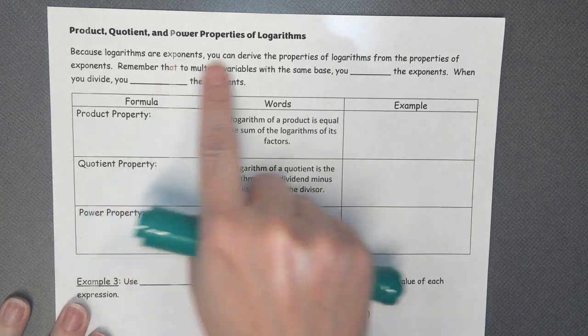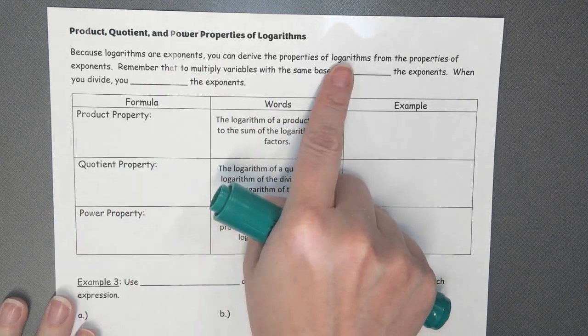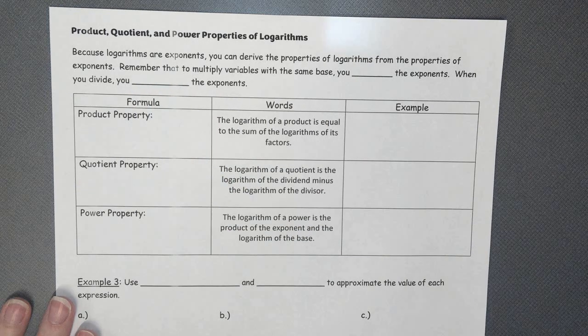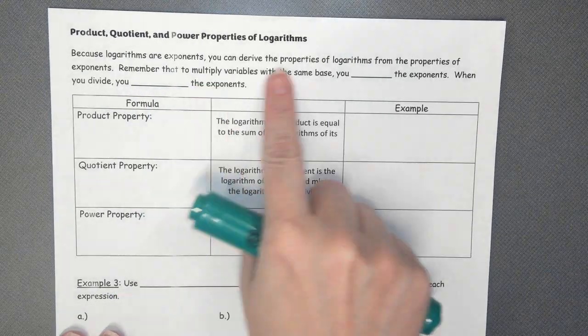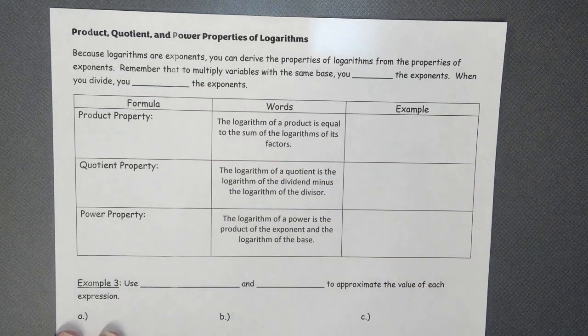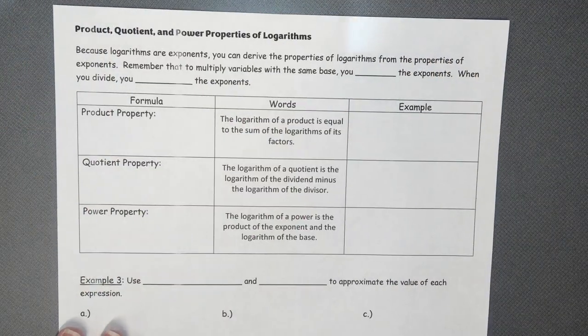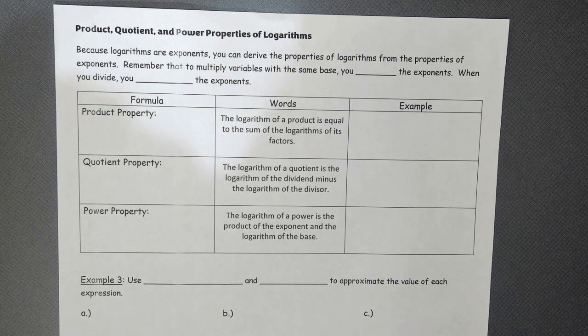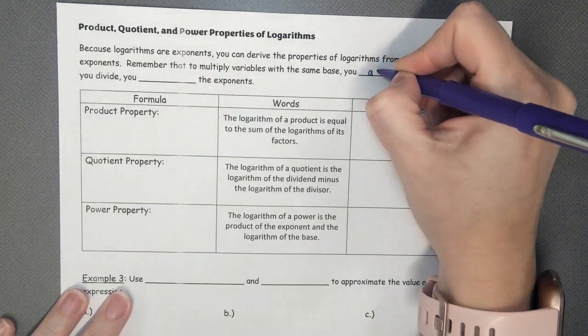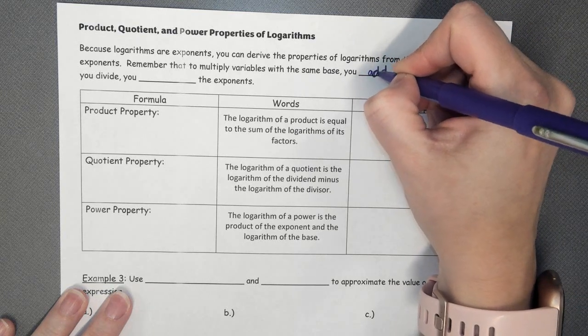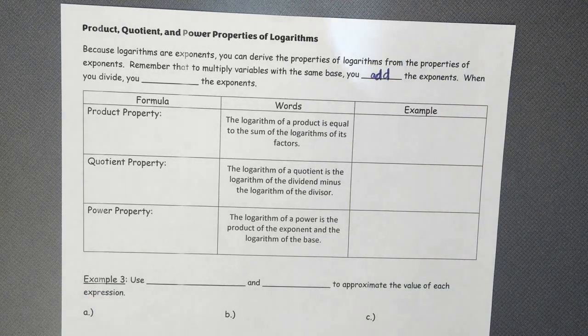So you can derive these properties of logs from the properties of exponents. Remember that when you're multiplying variables with the same base, what do you do with the exponents? You add them together, okay? So we're going to see that we have a similar property here, okay?